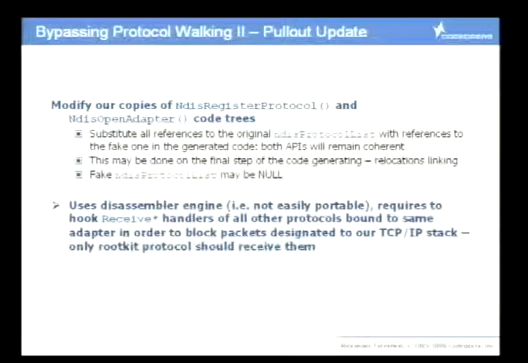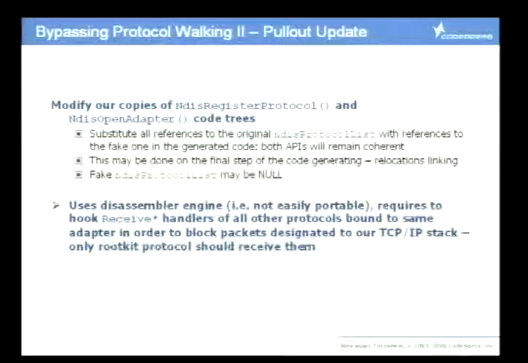So if we have a protocol which is registered in a list different than the original NDIS protocol list, a firewall will notice nothing when it checks the list after the registration.